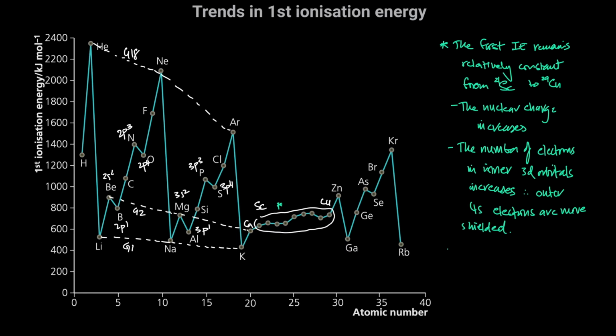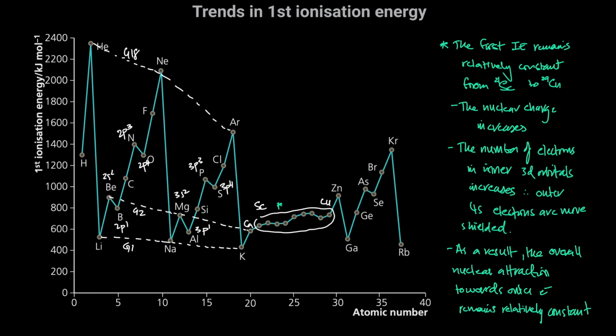As a result, the overall nuclear attraction towards the outer 4s electrons remains relatively constant, right?